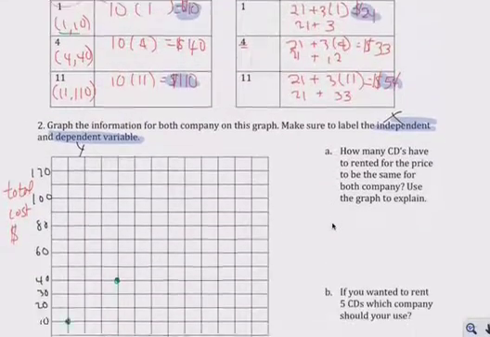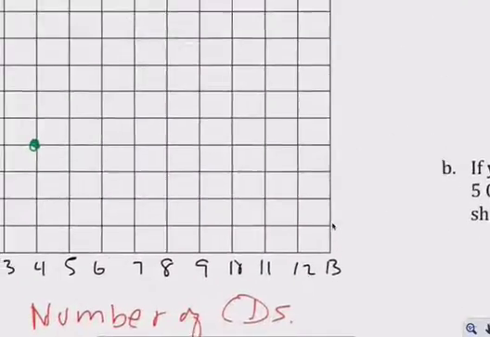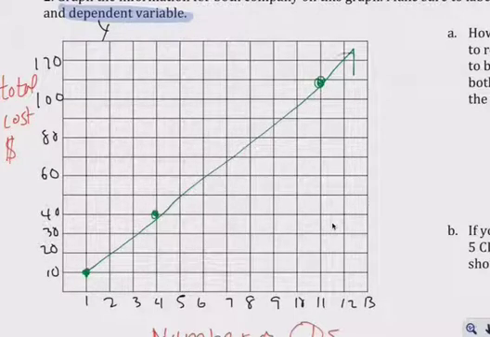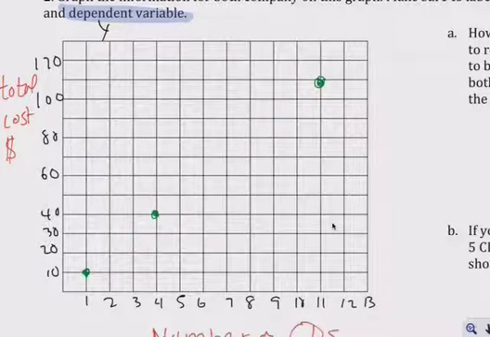And then 11, 110. 11, let's see, 110 is right here. All the way up to 11 right there. Okay, and that's for Groove. Now do one at a time and connect the dots right there like that.